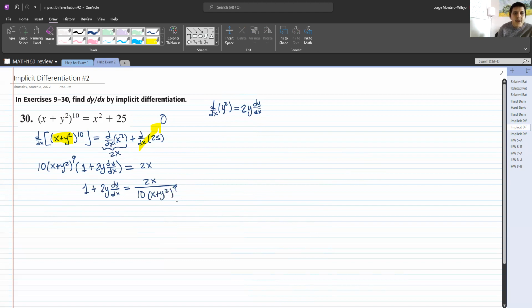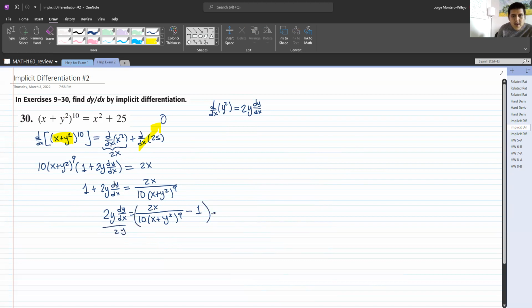All right, now we want to solve for dy/dx, so we want to send this 1 to the other side. So 2y dy/dx equals 2x divided by 10 times (x plus y squared) raised to the 9th power, and then this 1 comes here with a negative sign, right? And then we need to divide by 2y.